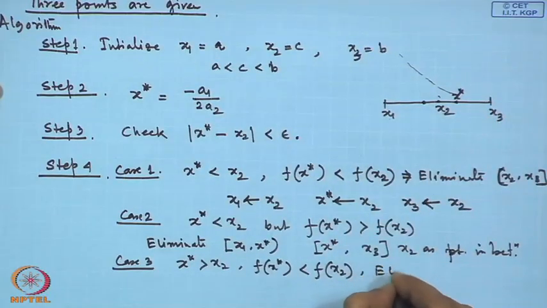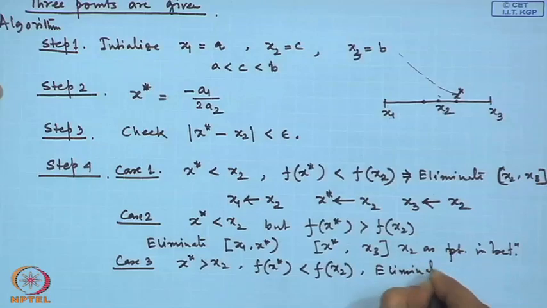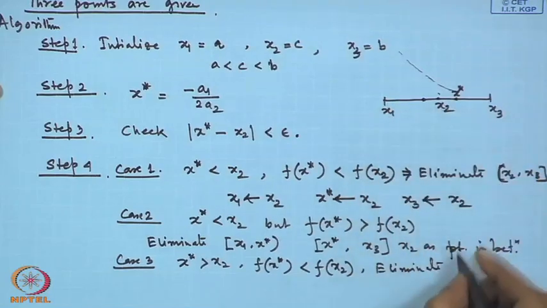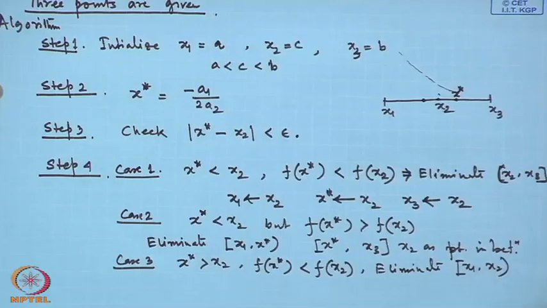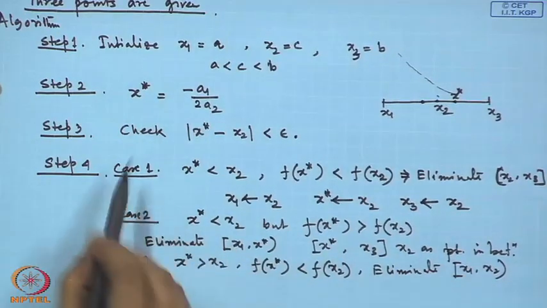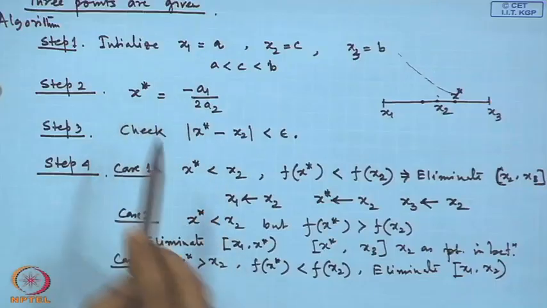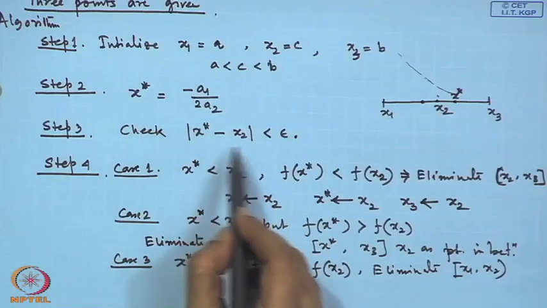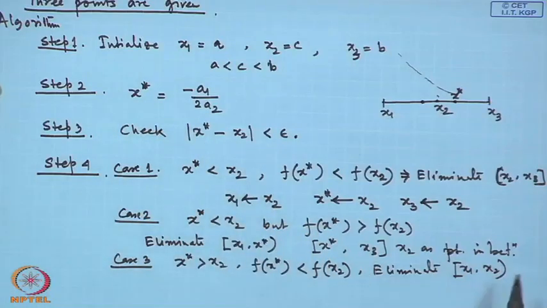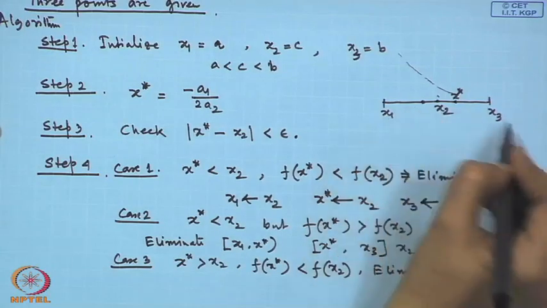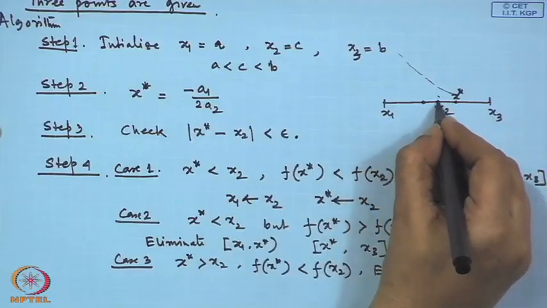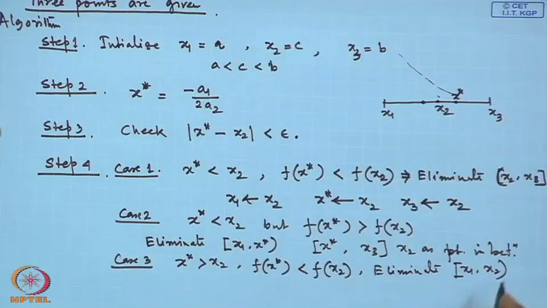That is why we will eliminate x1 to x2, because the minimum cannot lie there, and we will again apply the technique, that is we will calculate with the new points a, b, c, we will calculate x star. We will check whether this is very close to the middle value of this interval, rather this is x2 to x3, and we will proceed.